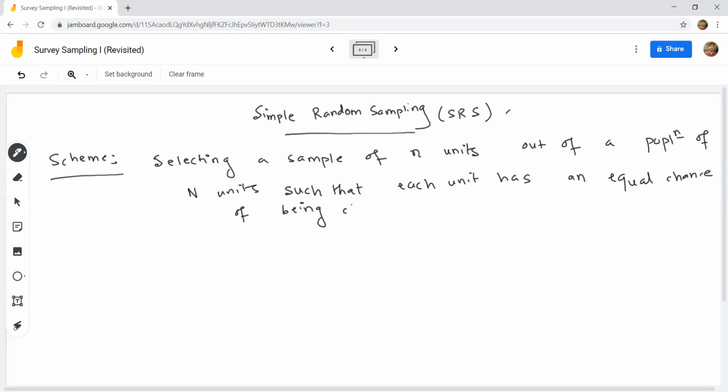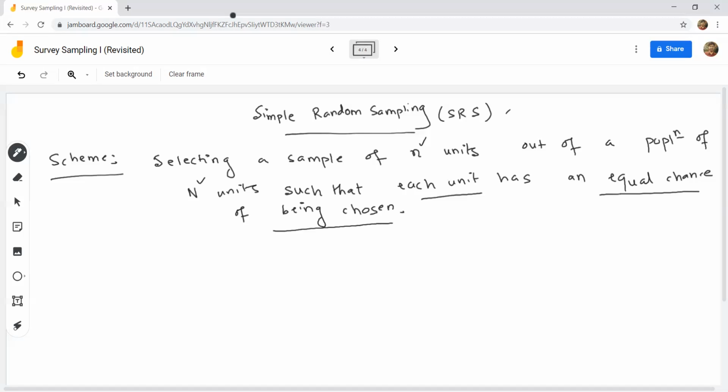So this is a criteria which is only characteristic to your simple random sampling schemes, that you're interested in choosing a sample of small n units out of a population of capital N units. But it has to be done in such a way that each unit has an equal chance of being chosen.